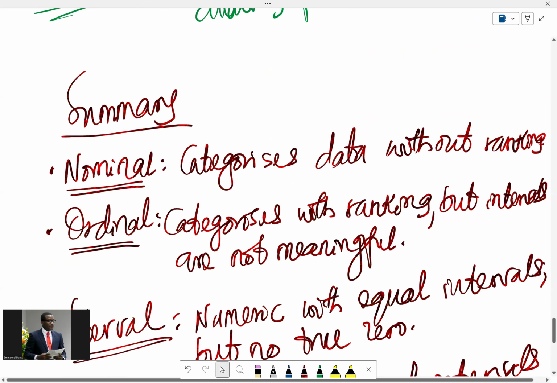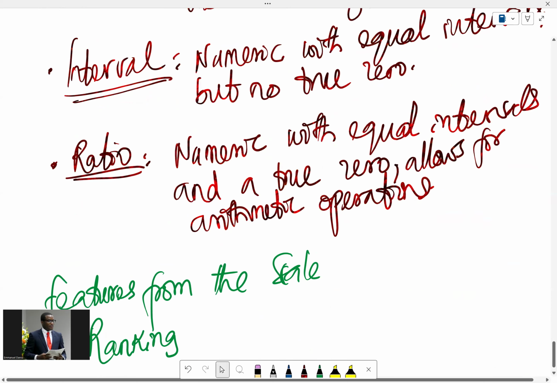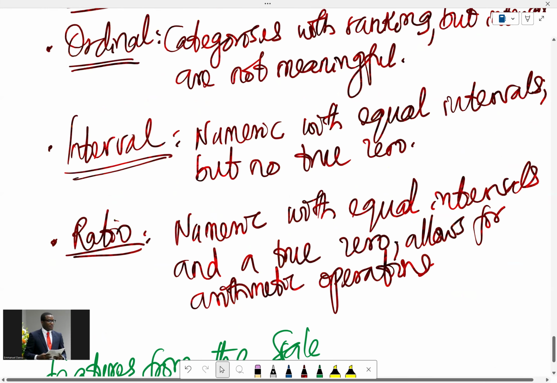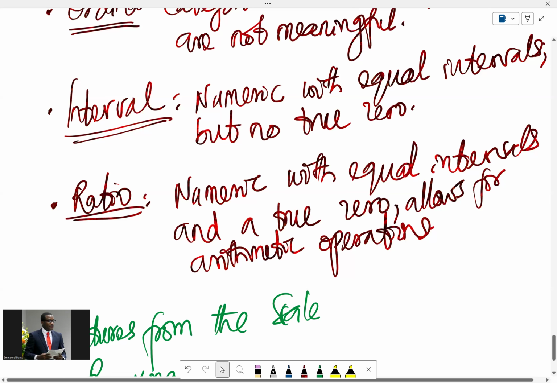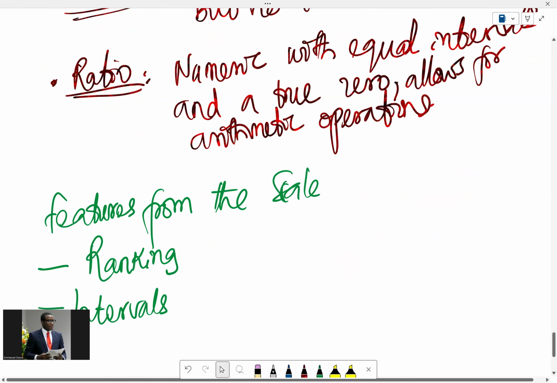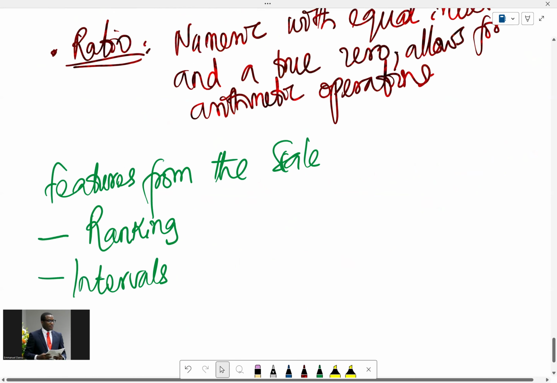The only one without ranking is nominal. Nominal scale cannot rank data. So for ranking, ordinal, interval, and ratio can rank. Then the next thing after ranking is intervals. For intervals, only interval and ratio have meaningful intervals.